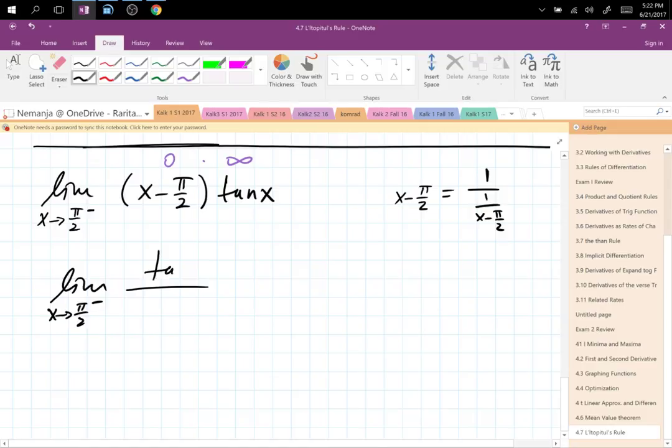We get tangent x divided by 1 over x minus pi over 2. So now when you plug in pi over 2, we have infinity over infinity. Because tangent of pi over 2 is infinity, and 1 divided by 0 is infinity. So we have infinity over infinity, and we use the L'Hopital rule now.